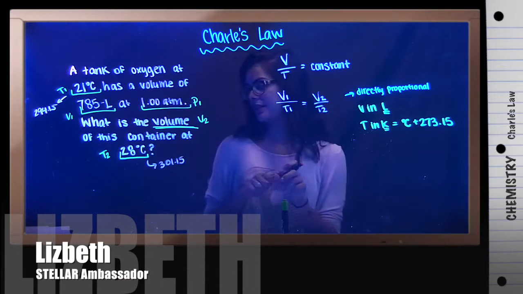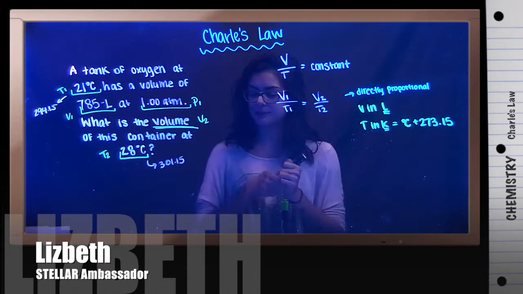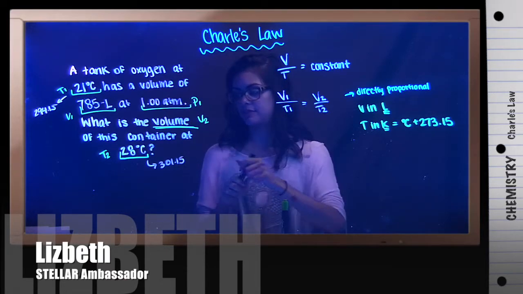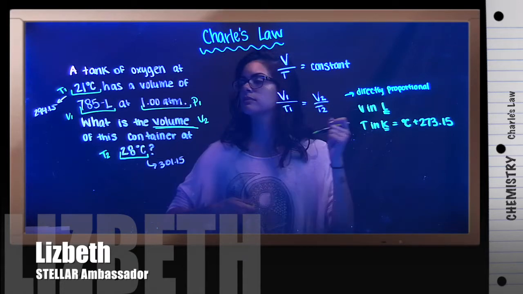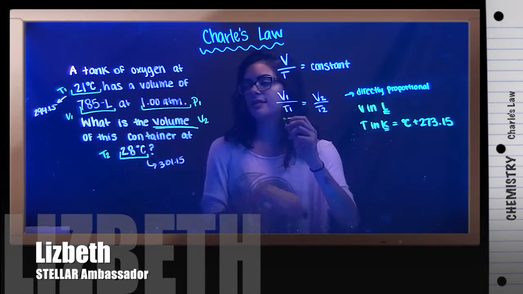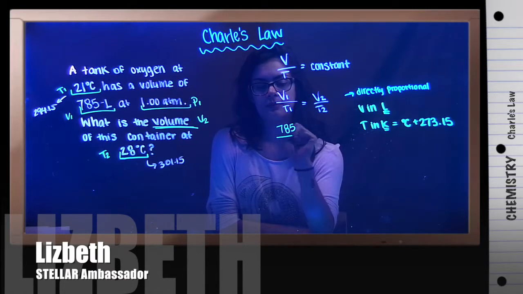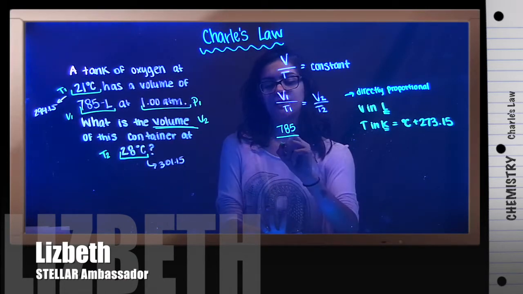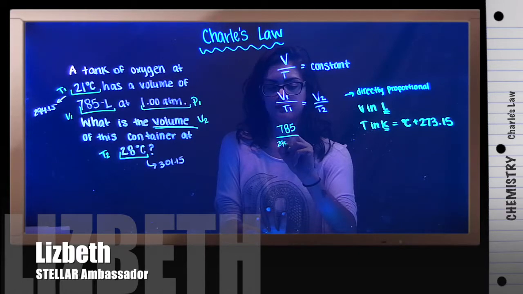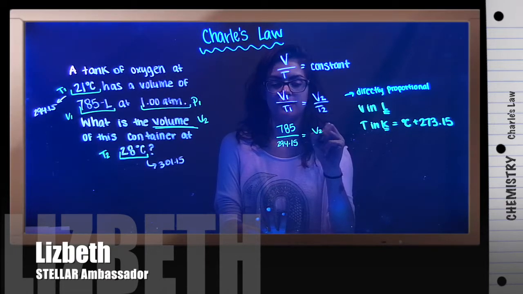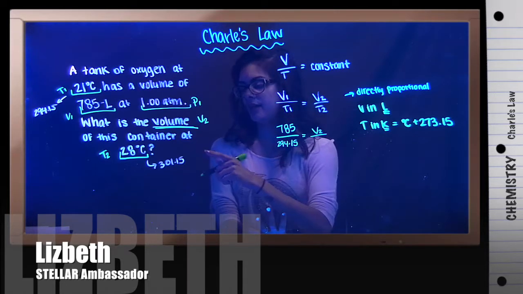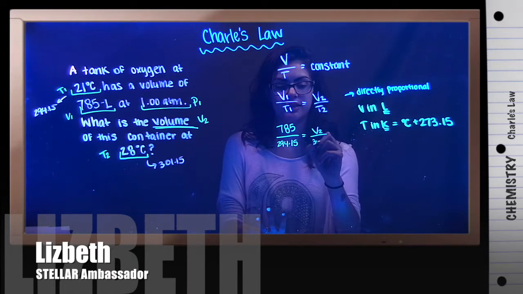And my volume's in liters, so that works out. Let's go ahead and plug those in. So my V1 is 785. My T1 is 294.15. I'm solving for V2, so that stays there. And then we have 301.15.